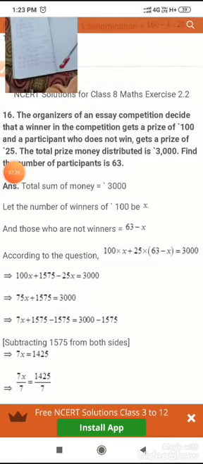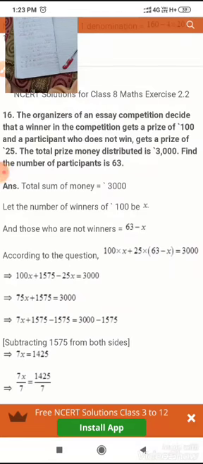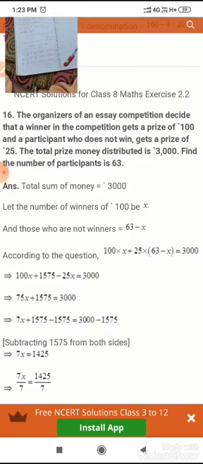The organizers of an essay competition decide that the winner in the competition gets a prize of rupees 100, and a participant who does not win gets a prize of rupees 25. The total money distributed is rupees 3000. Find the number of winners, if the number of participants is 63.